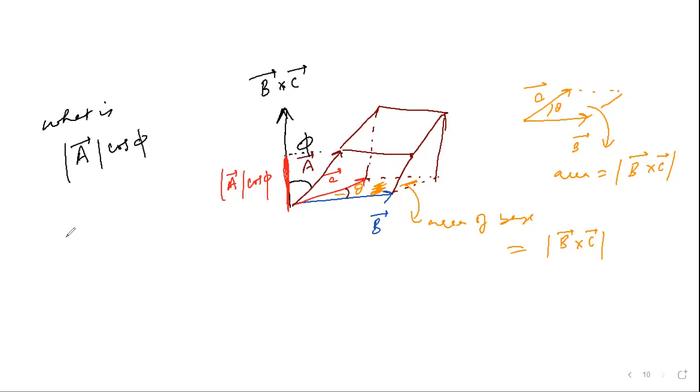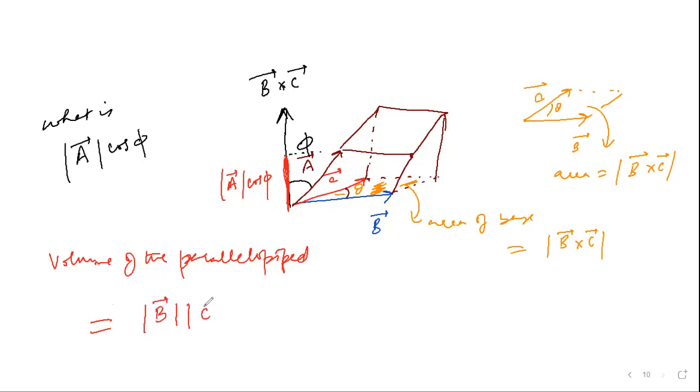That means the volume of the parallelepiped is the area of the base, which is the magnitude of B, magnitude of C into sine of theta.